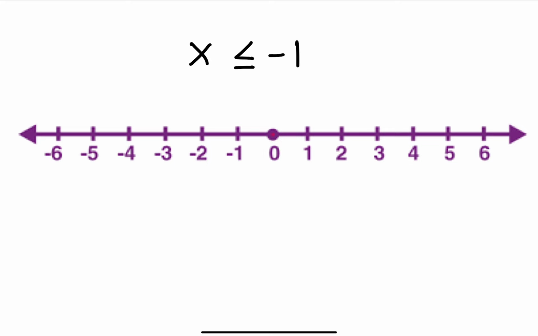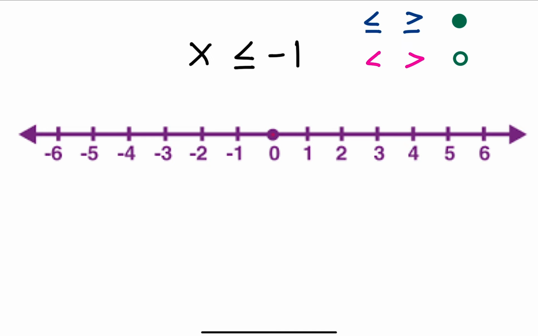So class, remember, just a review: if the inequality symbol is less than or equal to, or greater than or equal to, we are going to use a closed circle. And if the inequality symbol is less than or greater than, we are going to use an open circle.